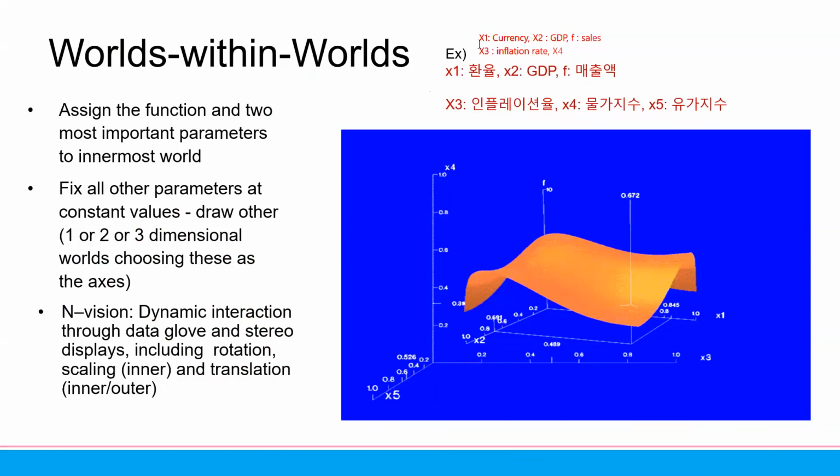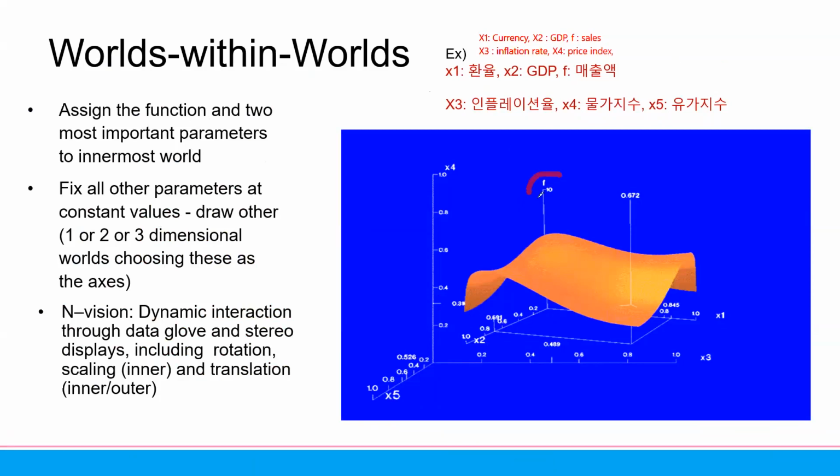And then we have export. This is the price index. And so on. So if we want to see those relationships in one graph like this one, then yeah, this is one of the representations in worlds within worlds.